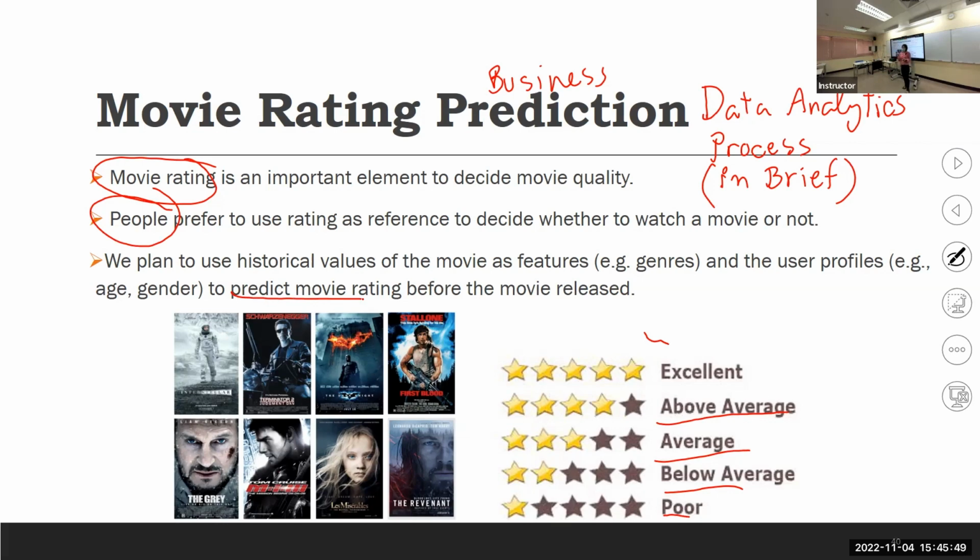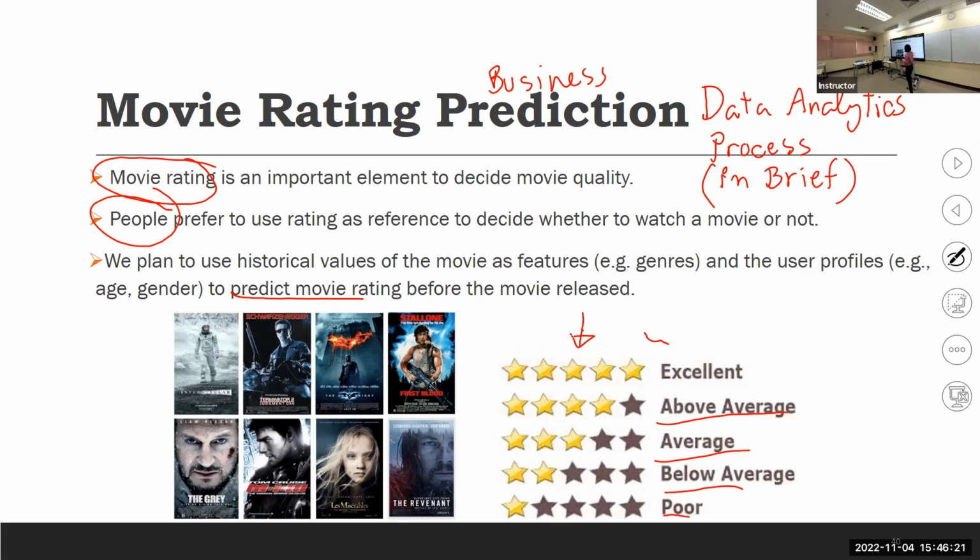If I am the production company and I want to release a movie, I may want to predict which rating my movie would get, based on the predicting model that we need to build. This is the business need you must understand clearly.